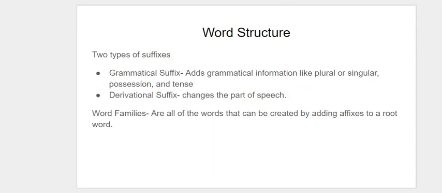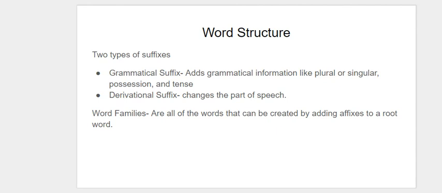More about word structure. There are two types of suffixes. There are grammatical suffixes and derivational suffixes. The grammatical suffix adds information, like that makes the word plural or singular.